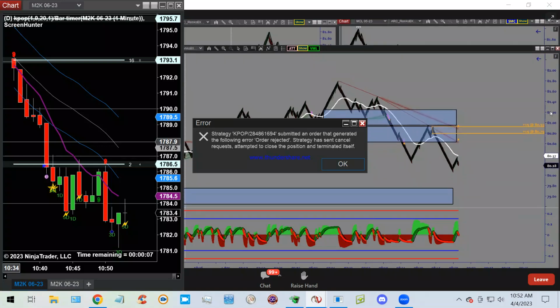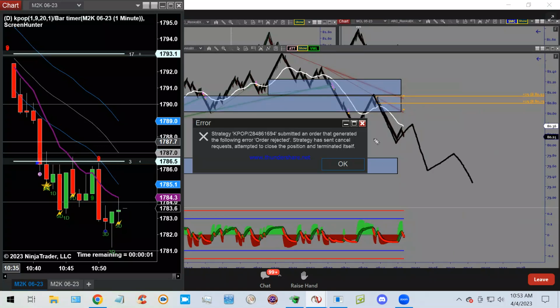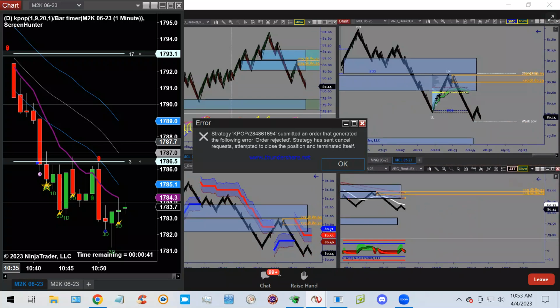Now, if you come down in here and this market trades here, you get a trend line break here, different story. Just because there are trend lines on the chart doesn't mean you're supposed to trade them. Less is more. Less is more.